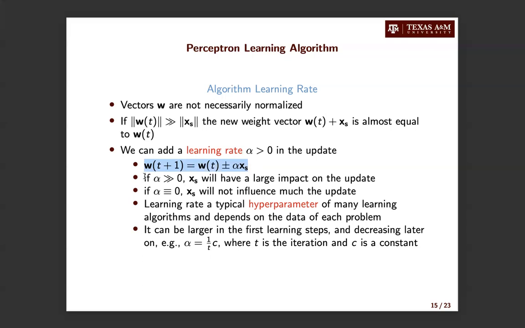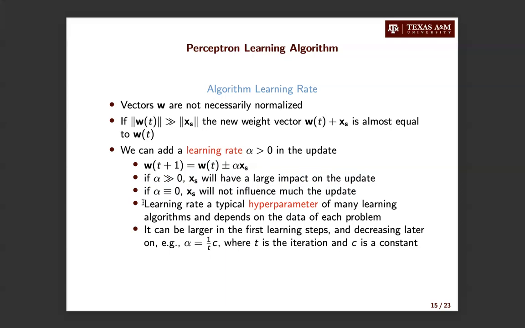sample. If our learning rate is very large, then our misclassified sample will have a large impact on the update. And if our learning rate is close to 0 or very small, then this misclassified sample will not influence the update much. Now, this learning rate is a very typical hyperparameter that is used in many machine learning algorithms and depends on the data and on the problem.